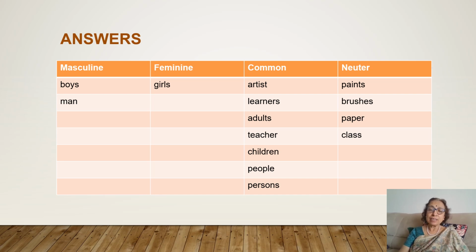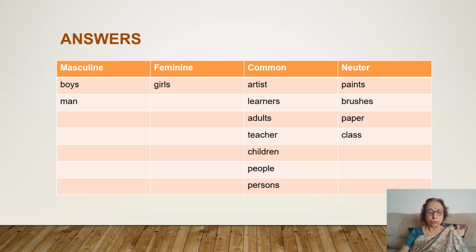The learners common, had to bring paints, brushes, and paper. So paints, brushes, and paper, concrete nouns, they go into the neuter form. Some adults is common, wanted to take coaching too. But the teacher again is common, was not willing to give coaching to anyone other than children. Children is also common. The art class was stopped.